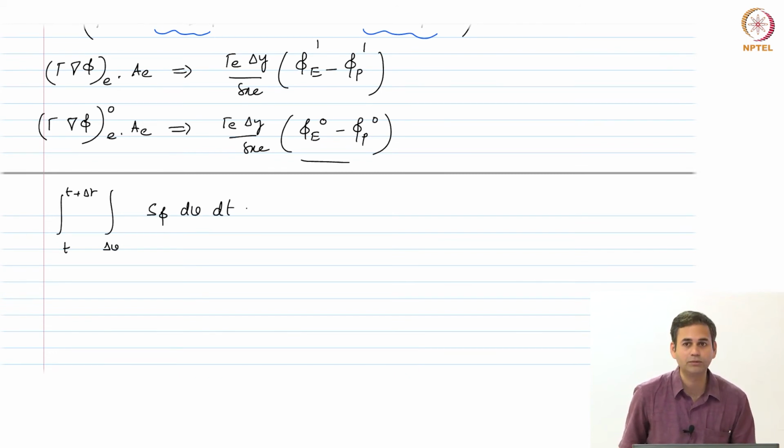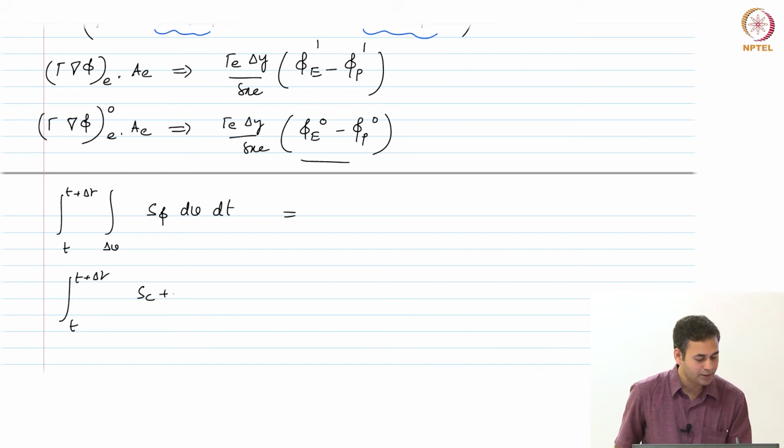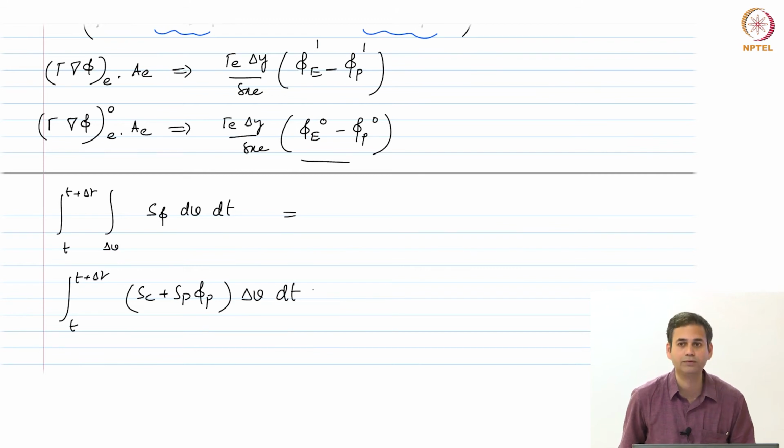This is the average value times delta V dt. That is the value of the source term.